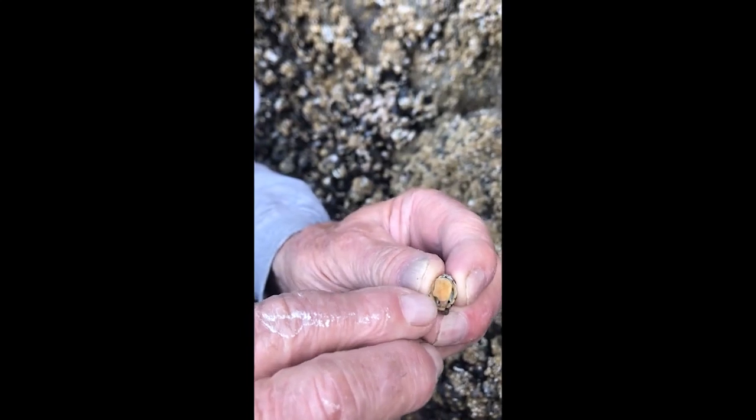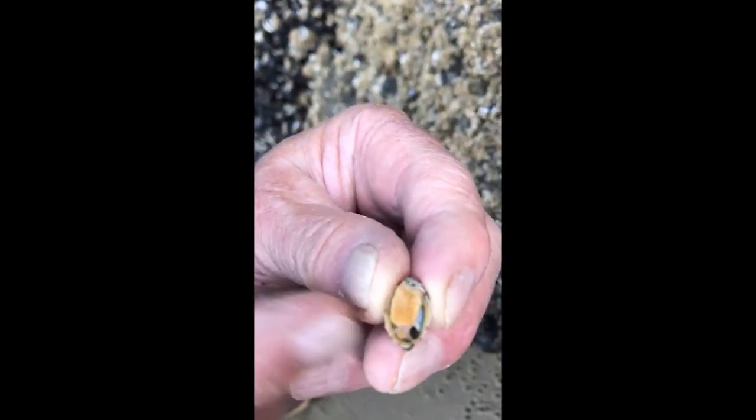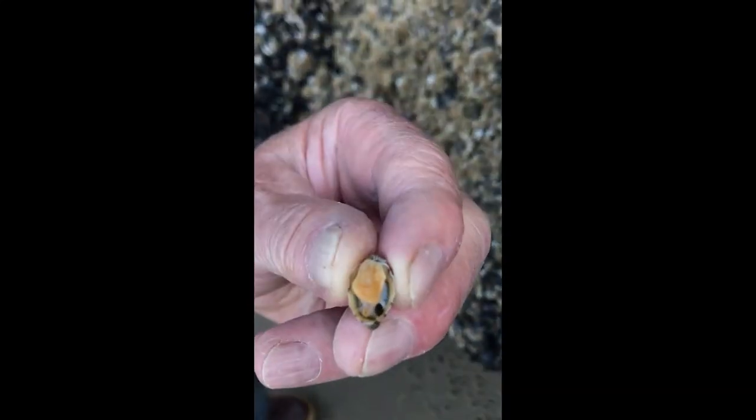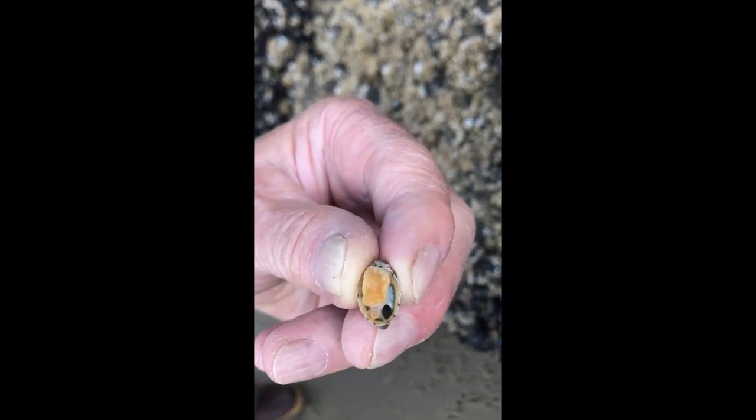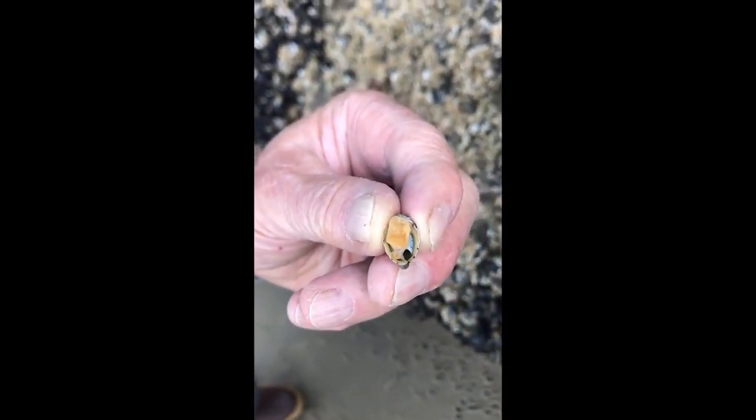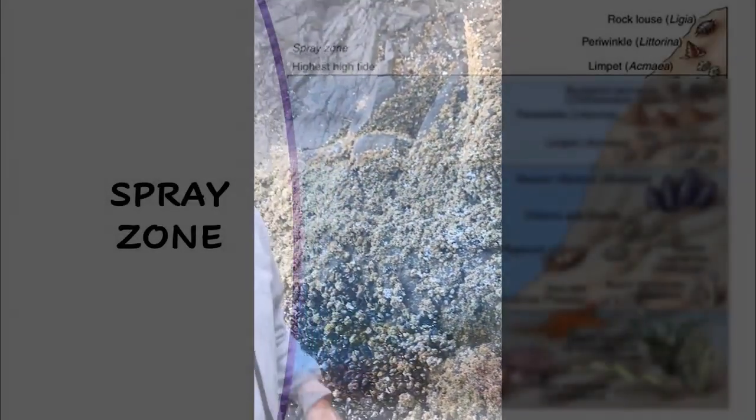And their mouth is on this side. And that's how they stick to the rock. With the mouth? No, with the foot. With the foot. Uh-huh. And they just kind of suck on there. Okay. And then they feed by moving around and scraping little microalgae off the rock.